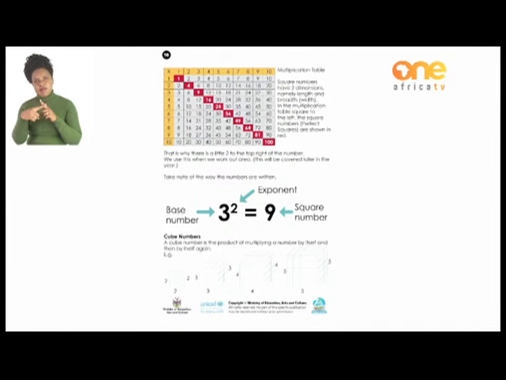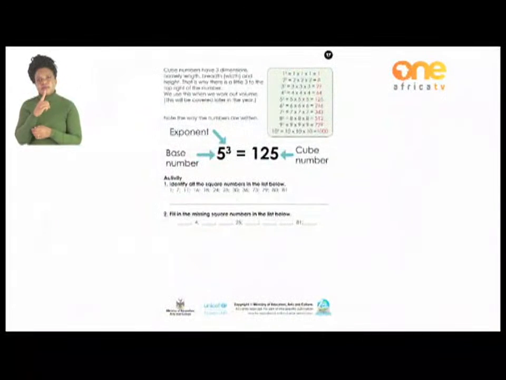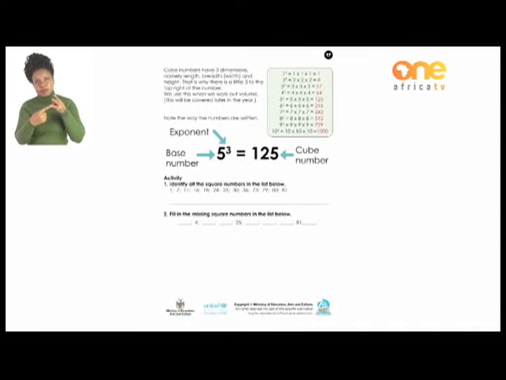Moving to page 17. Reading through, cube numbers have 3 dimensions, namely the length, the breadth, which is the width, and the height. That is why there is a little 3 to the top right of the number, which is also called the cube.